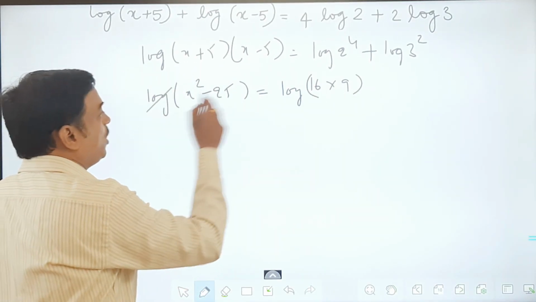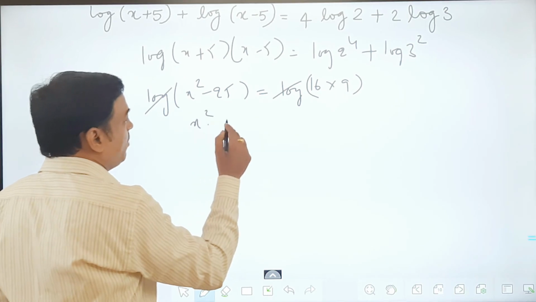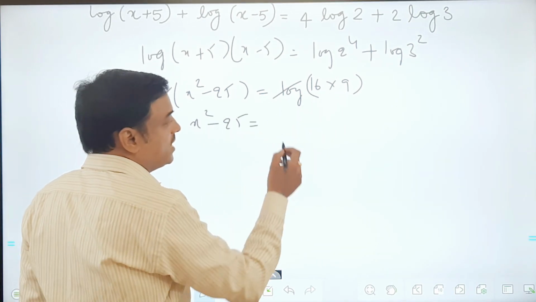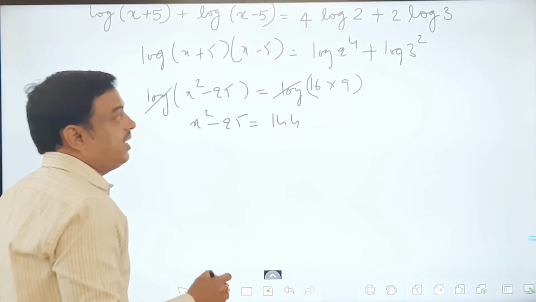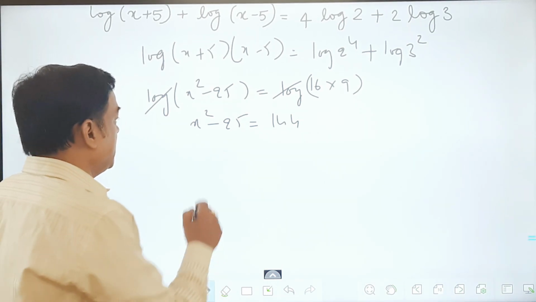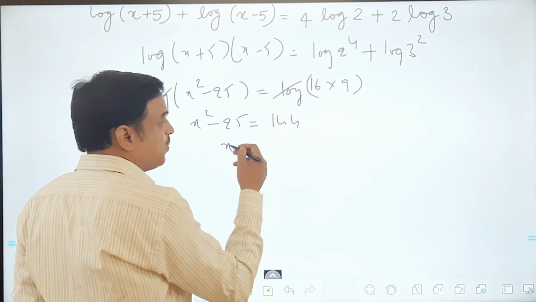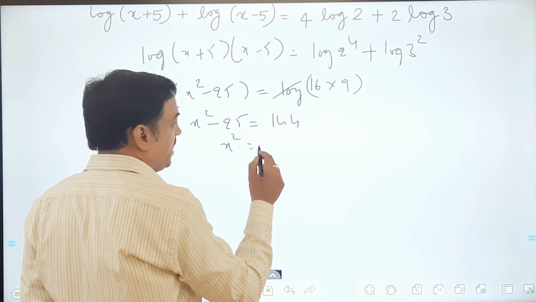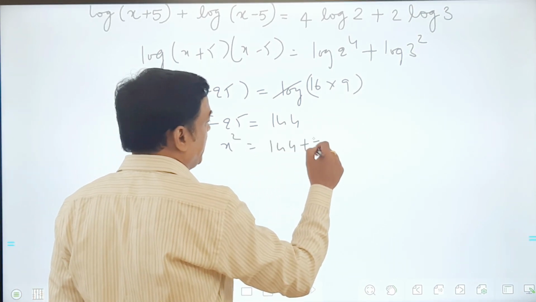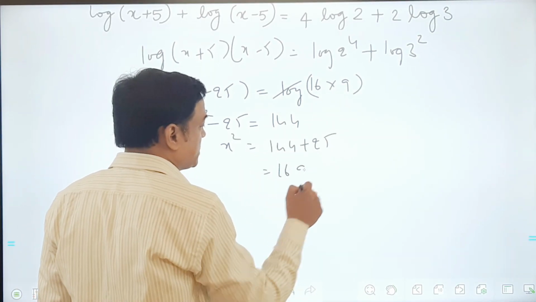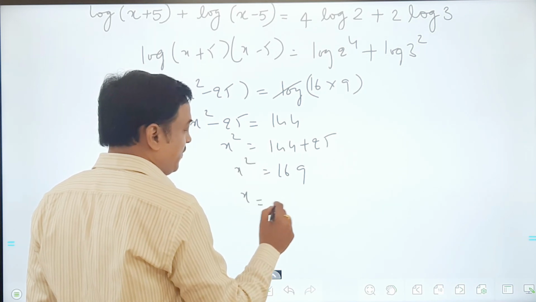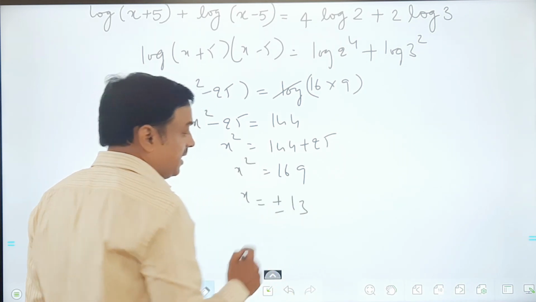So we can eliminate log on both sides. X square minus 25 is equal to 16 into 9, which is 144. We know that, right? So x square is equal to 144 plus 25, which is 169, and the value of x can be plus or minus 13 you get.